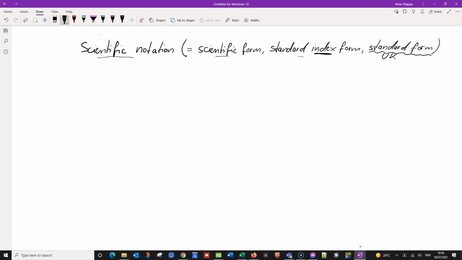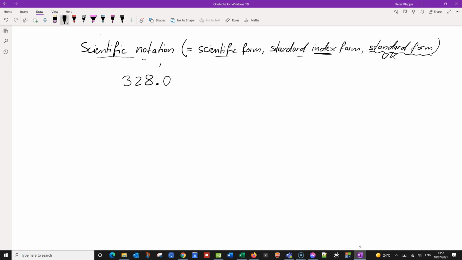So what does it look like? For example, let's have the number 328. And I put a decimal point here and say 328.0. It's an interesting thing here because I have put this decimal point here. Now, if you are from the continent, from Europe, you will probably be a little bit confused about this decimal point because in places like Germany or wherever on the continent, this will usually be replaced with a comma.